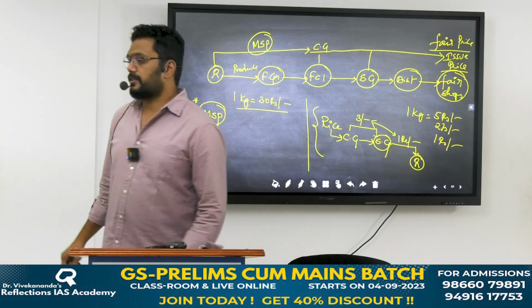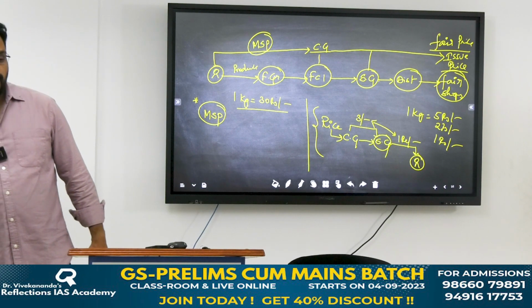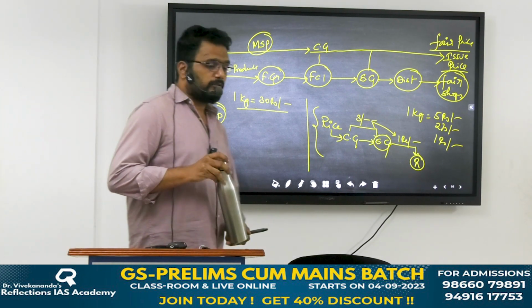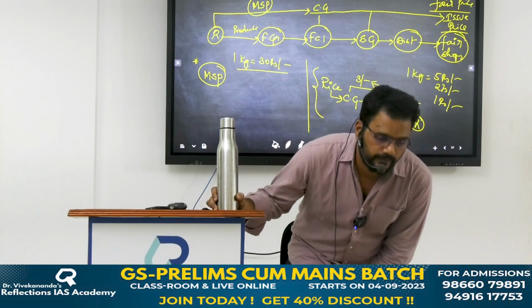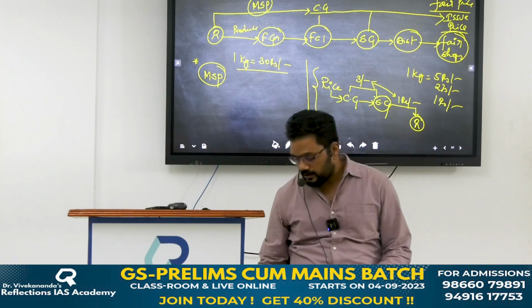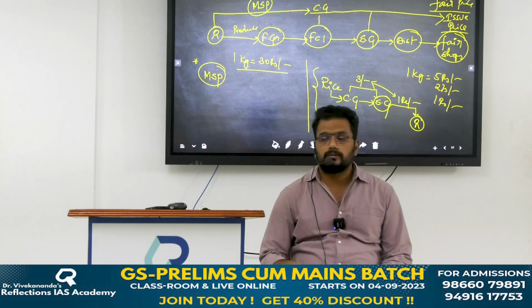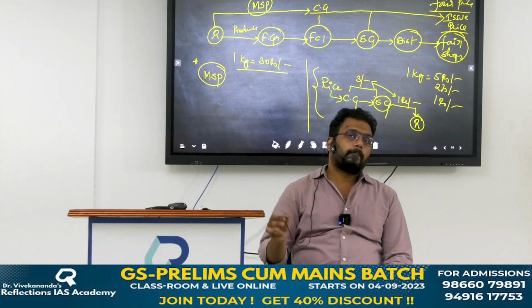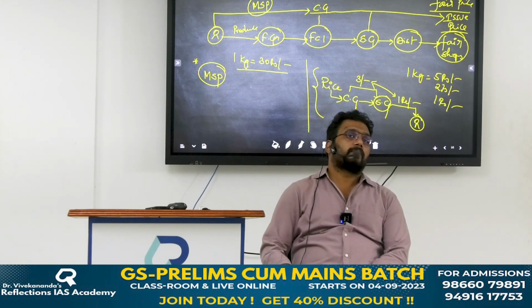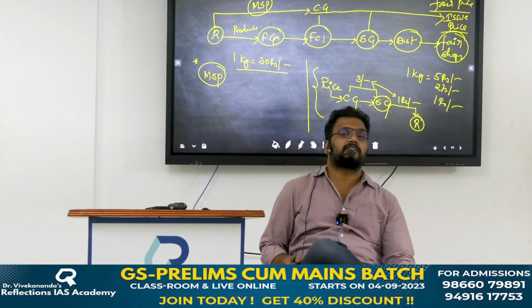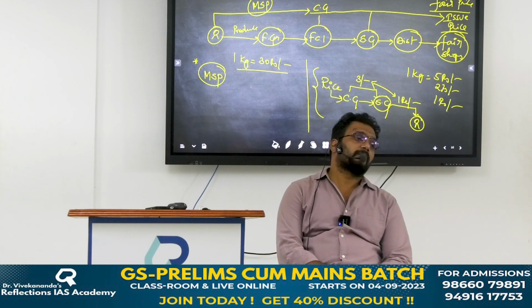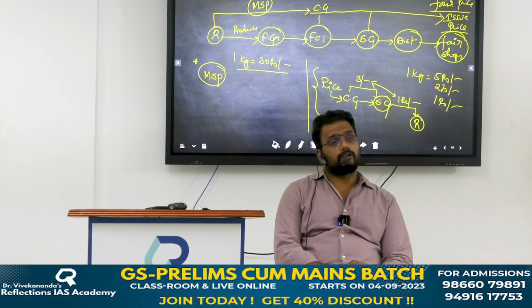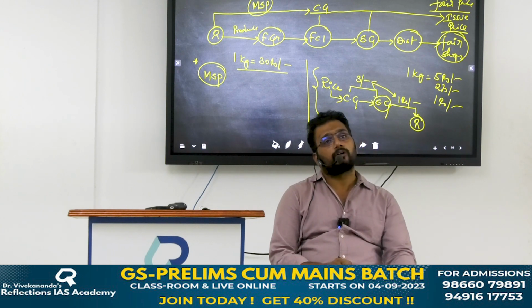Minimum support prices are those prices which are given by the government to the farmers, the prices at which the government purchases certain crops like rice, wheat, cotton, etc. from the farmers.